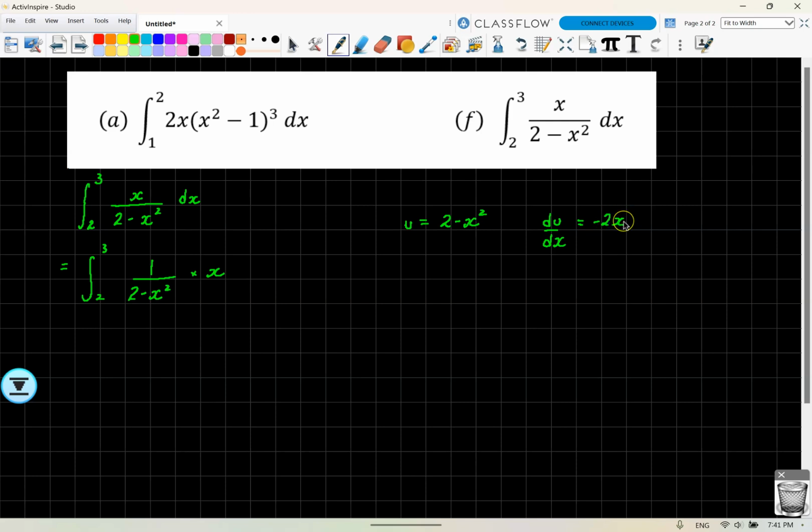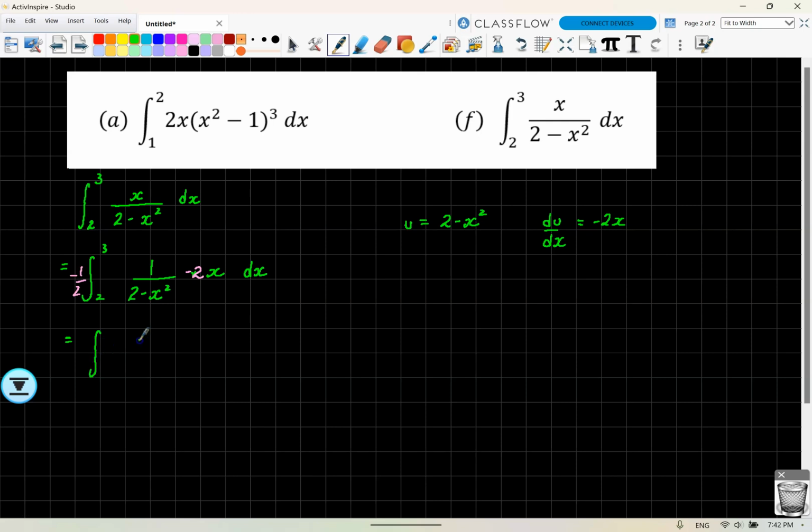Now we've almost got that in our expression here. Oops, needed to put the dx there. So like we did before, I want it to be minus 2, so I'm going to put a minus 2 in there, but I would also have to have minus a half out the front.